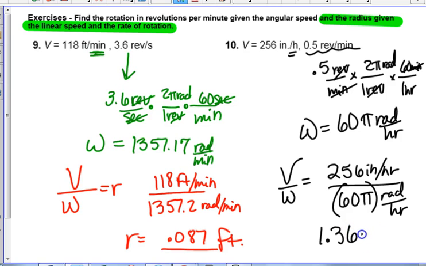Label? Just inches. Nope, because the per hour and the per hour here divide out. If we were to flip it over, because when you divide, you really do a reciprocal, right? You'd have inches per hour times hours per radian. The hours would divide out, yeah.